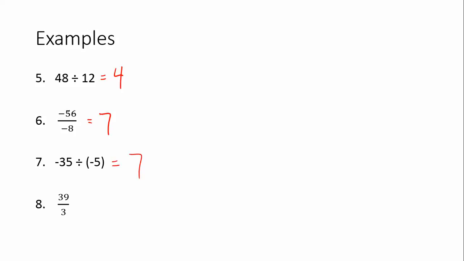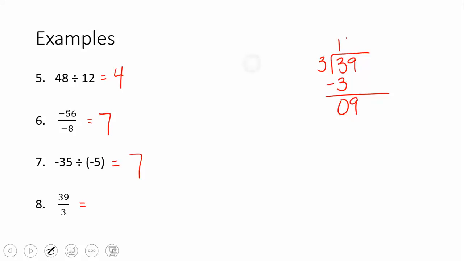And 39 divided by 3, if you're not sure how many times 3 goes into 39, you can do some long division. 3 goes into 3 once. Then we multiply 1 times 3, subtract, bring down the 9. 3 goes into 9 3 times, so remainder 0. So it's positive 13.